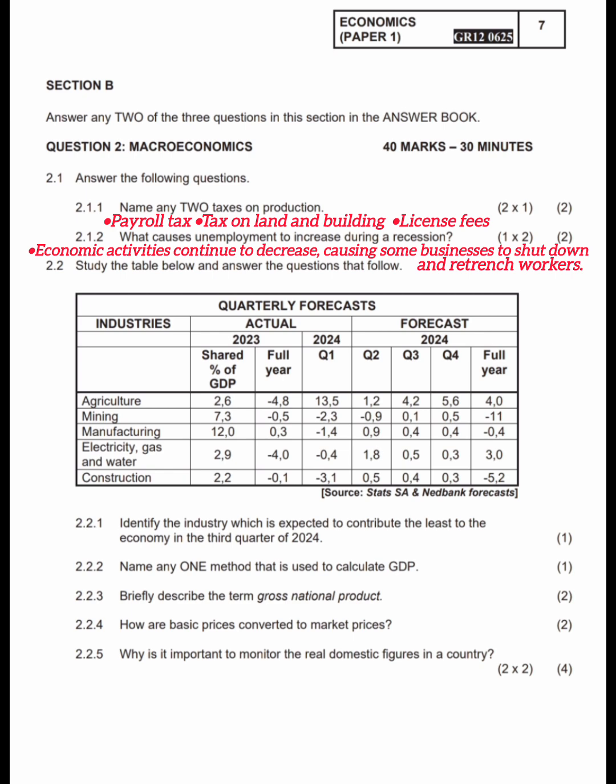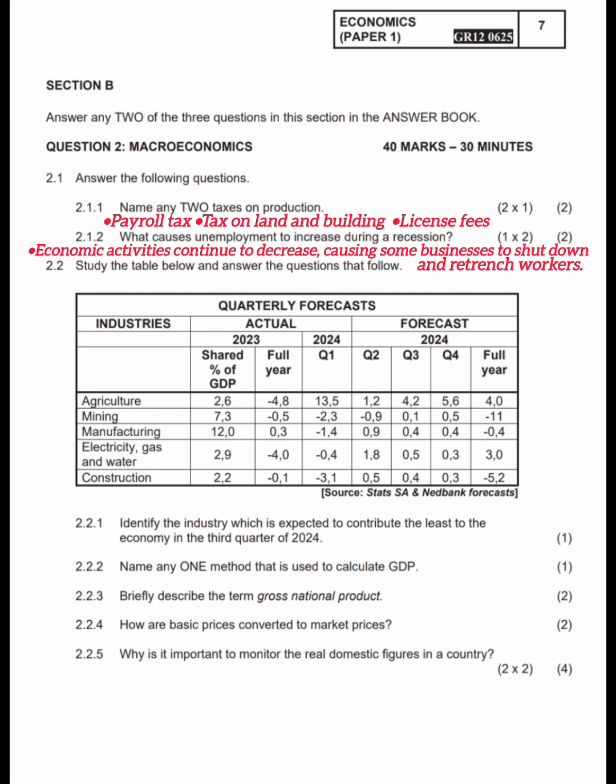So our 2.2, study the table below and answer the questions that follow. So quarterly forecasting, industries, actual forecasting, right? We have agriculture, mining, manufacturing, electricity, gas and water, and construction, right? 2.2.1, identify the industry which is expected to contribute the least to the economy in the third quarter of 2024.